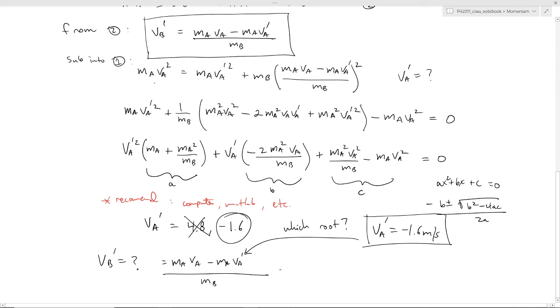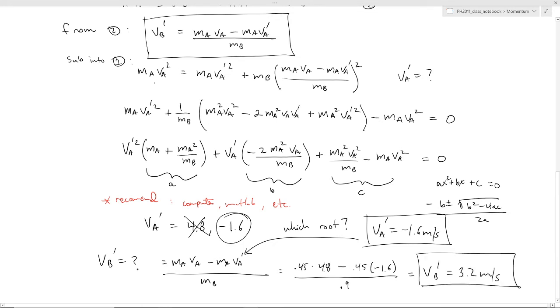With the numerical values, 0.45 times 4.8 minus 0.45 times negative 1.6, all divided by 0.9. And we would find that VB prime is equal to 3.2 meters per second.